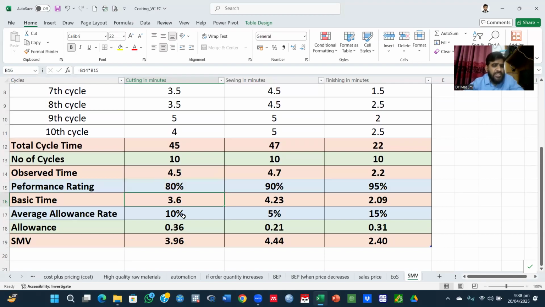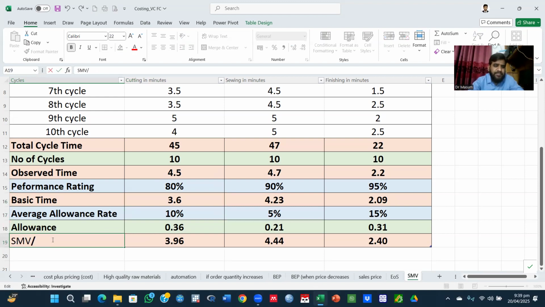And the average allowance rate is 10%, which means there is machine breakdown and some other problems. So you will add 10% of basic time to calculate the SMB, or standard time.